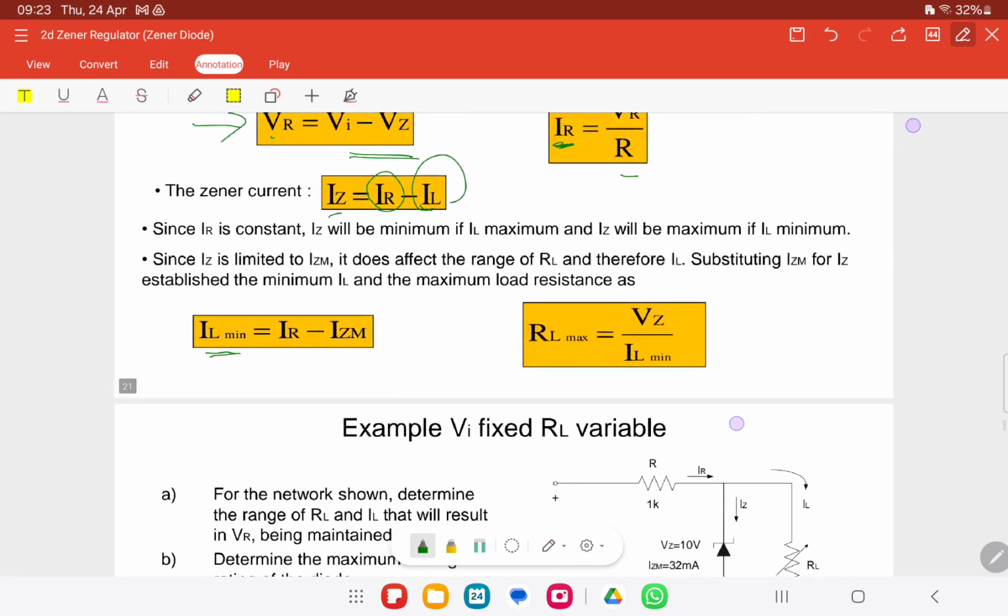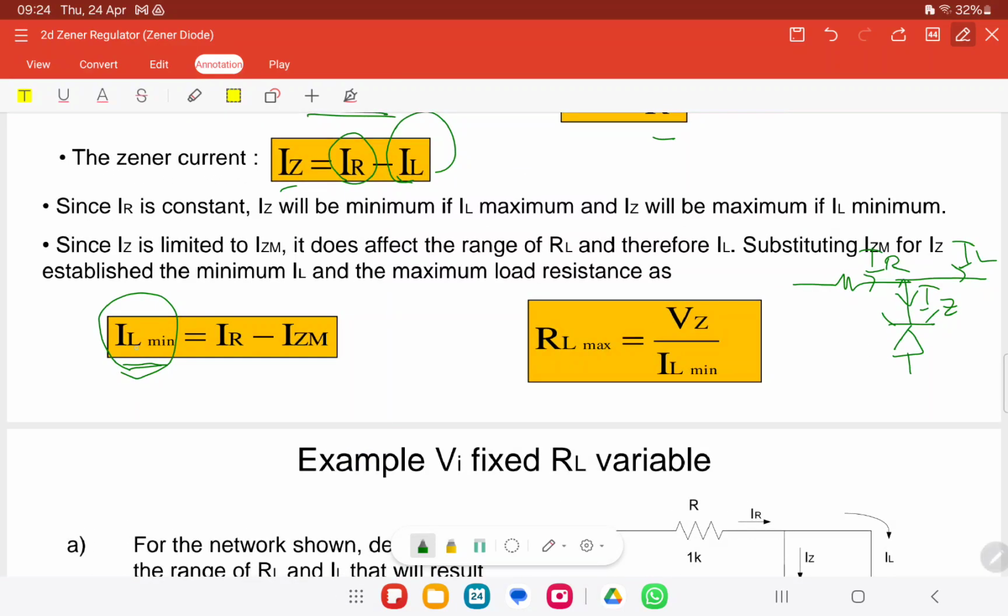Dia kan macam ni. This is IR. Turun bawah is on the Zener, IZ. Goes to other side is IL. Here is R. Okay. If IL is kecil, katakanlah yang lalu dekat IL is kecil, let's say if we have 10, kita bagi IL is 2, so maximum value akan lalu pass at the IZ.